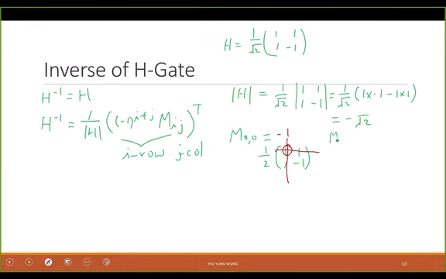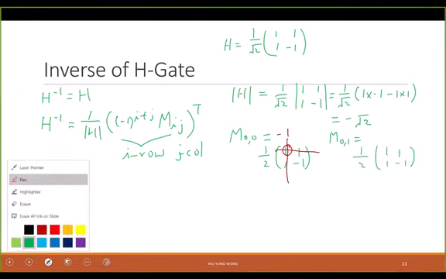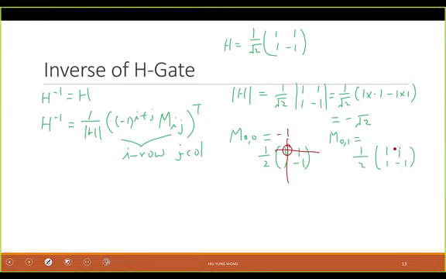How about M01? Let's look at it again. Which one is our target? 01, this one, right? Remove this row, column with this row, so this is equal to 1. Zeroth row?